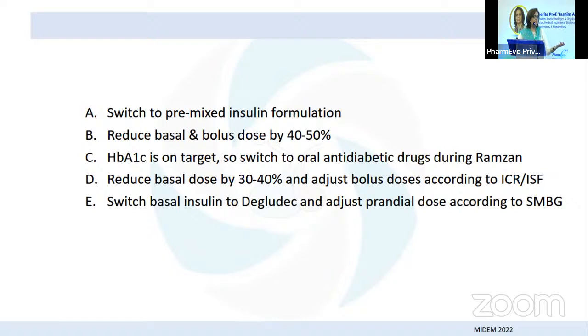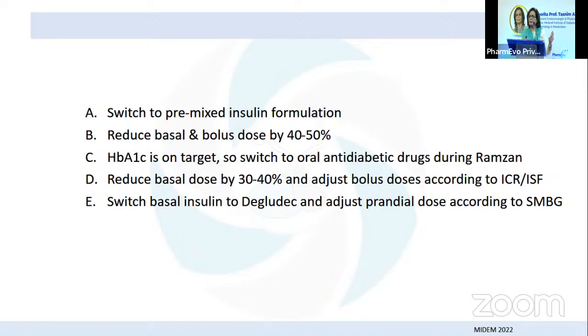We don't have experience with degludec. So this patient is already taking U300 insulin for basal insulin. There is no reason why you would want to change a flat, long-acting basal insulin to another flat, long-acting basal insulin. So the thing is, you don't make unnecessary changes to their regimen.